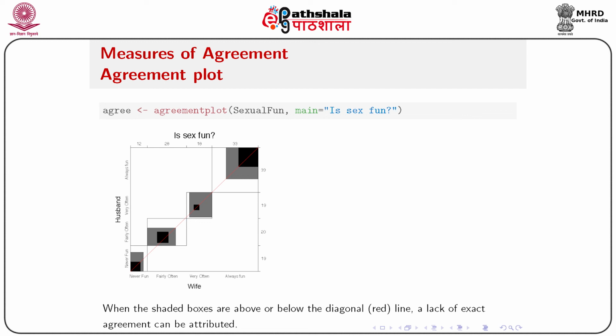Above and below the red lines the area is almost the same. Similarly for very often and very often it's showing almost the same, but for the other two, you can see that most of the area is above the red line, so it's indicating a lack of agreement here. So it's showing some disagreement between the first 2 categories.